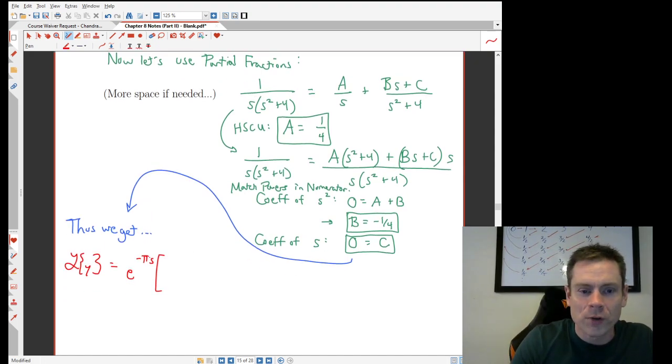So that's 1/4 over s, and then plus bs plus c, so it's plus negative 1/4 s plus 0 over s squared plus 4.